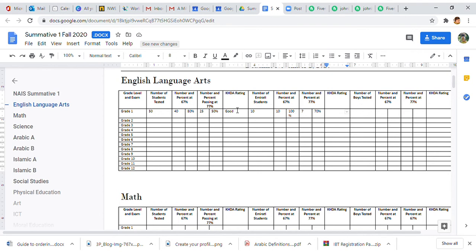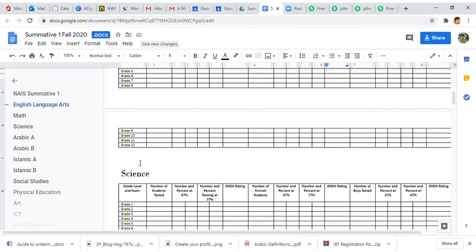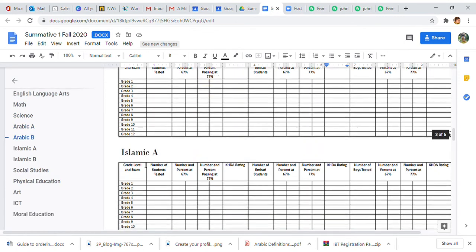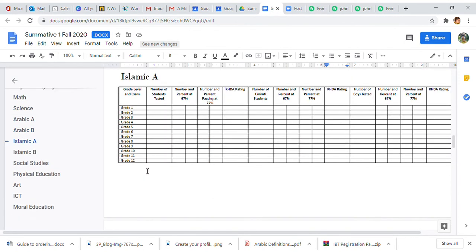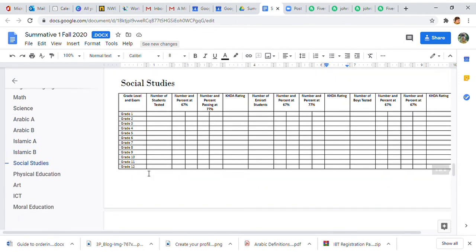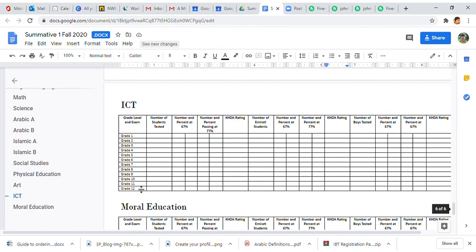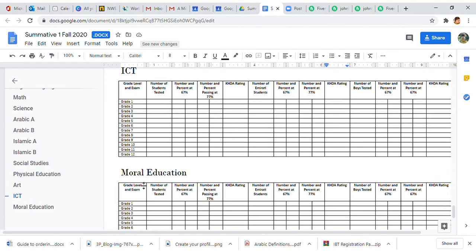So this is for summative 1. You have an English area, you have a math area, you have science, Arabic A and Arabic B, Islamic A and Islamic B, social studies. We do have the same thing for physical education and art and our electives, because we should be tracking this information across who we are as a school.